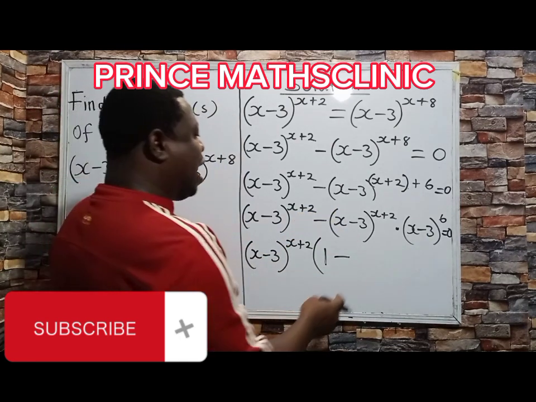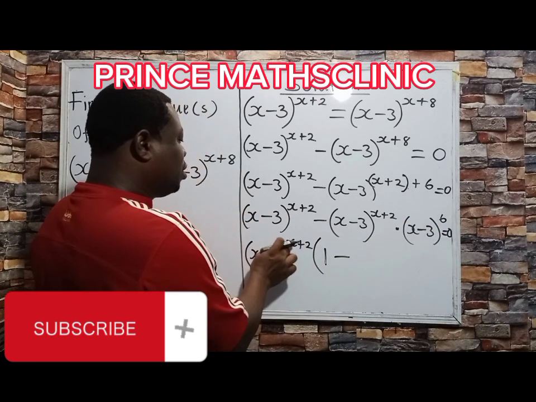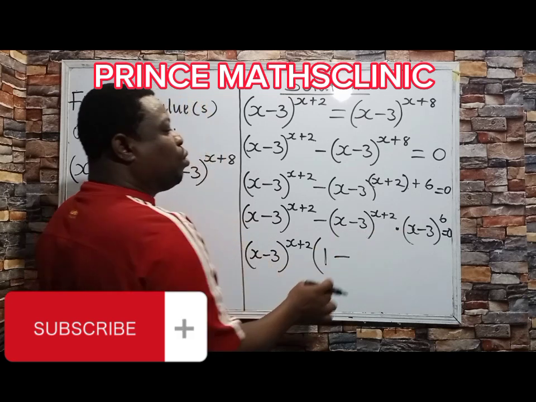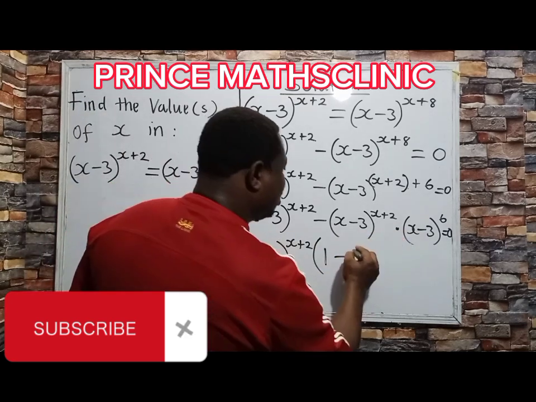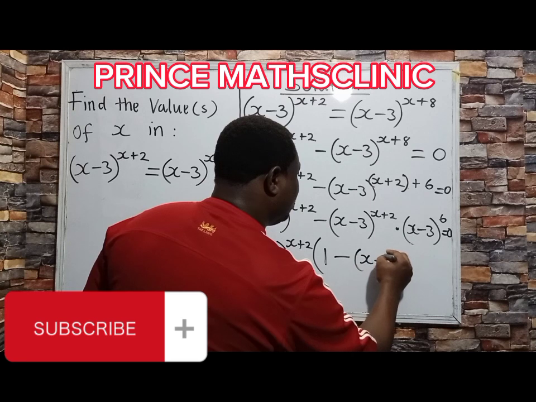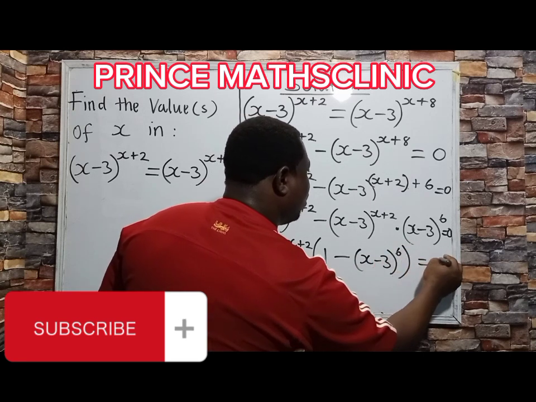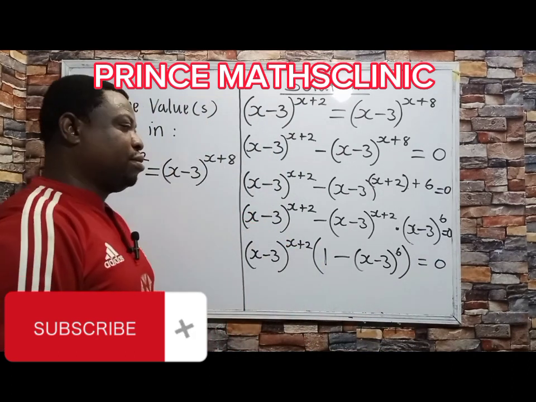Then what will I have here? Remember, I factored out this and this power from this particular point. So what I have left here is just (x − 3) to the power of 6, all equal to 0.